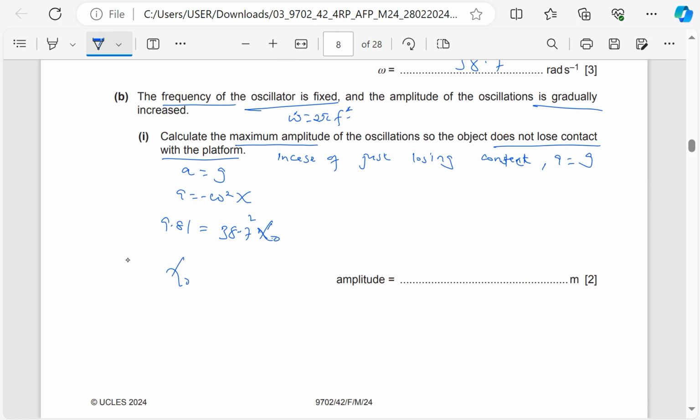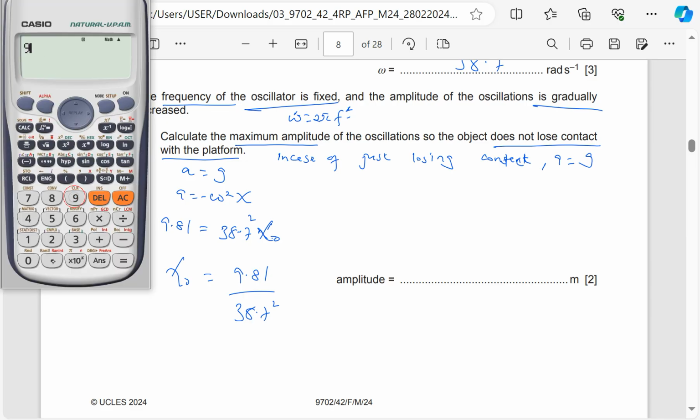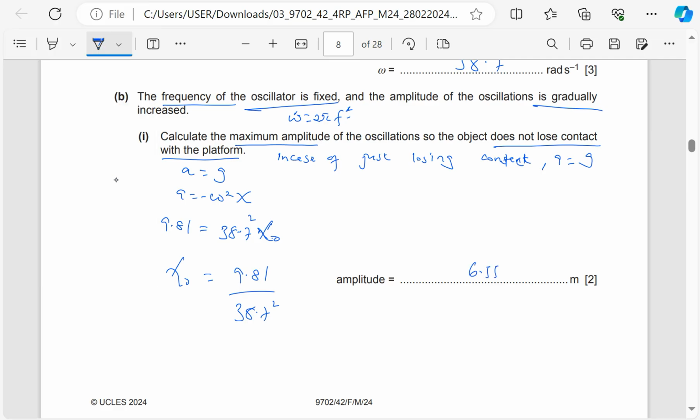So it means x naught is going to be equal to 9.81 divided by 38.7 squared. So this is giving me 6.55 times 10 to the power of minus 3.